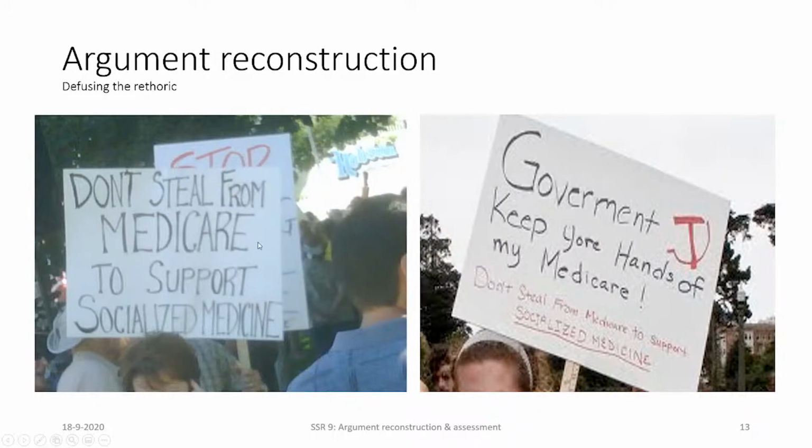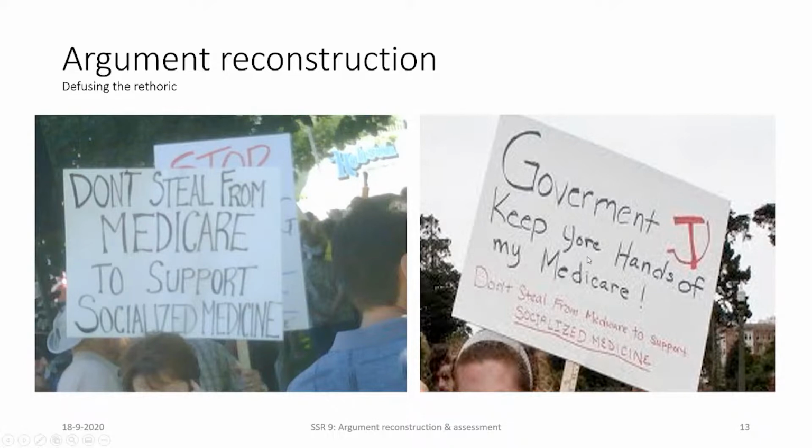So what they're basically saying is, don't steal from my government-funded health insurance to support a government-funded health insurance, which is a weird thing to say, right? So if we diffuse the rhetoric in what's being said here, the potential interpretations become more clear, and that yields a weird thing to wave around even during a demonstration.